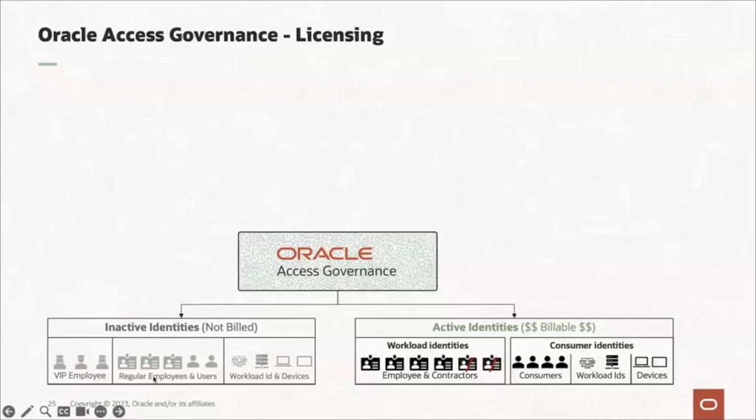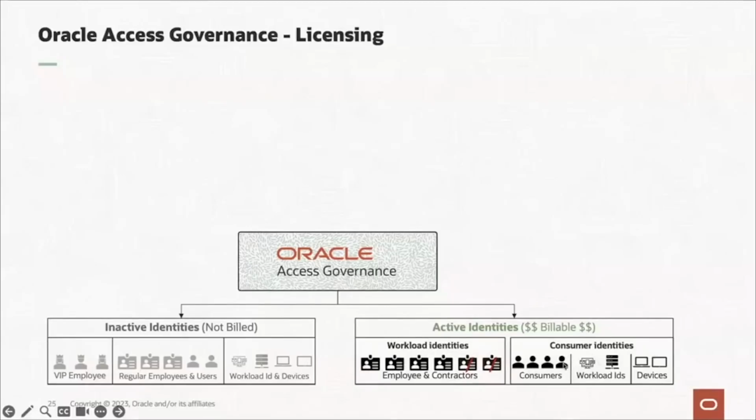And even for some regular employees, if they have to be excluded, it can be done as well. If there are disabled users which have to be governed, you can decide which users have to be governed. So it's all flexibility that access governance provides.